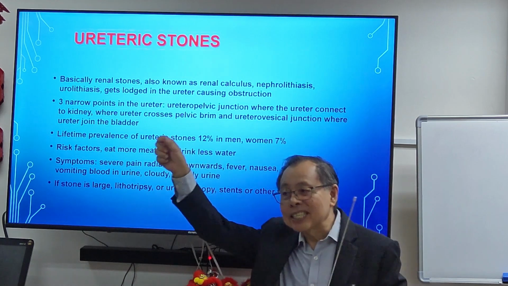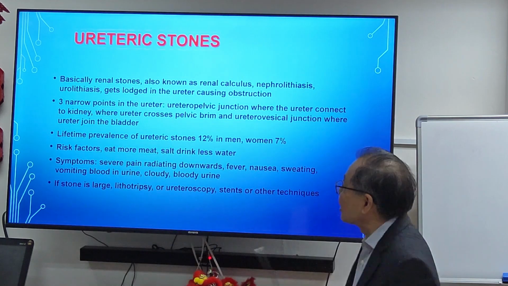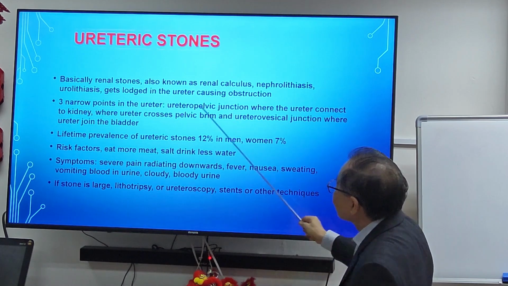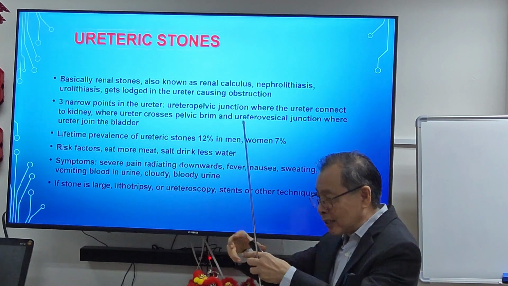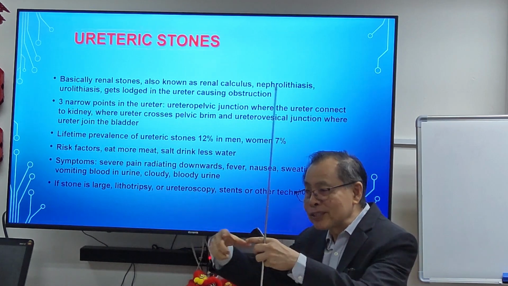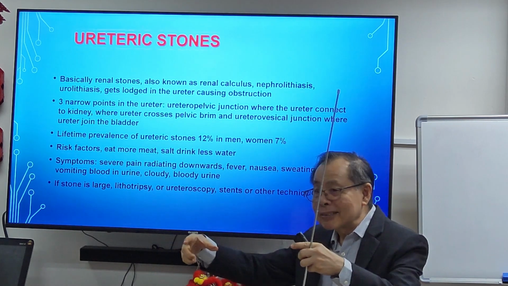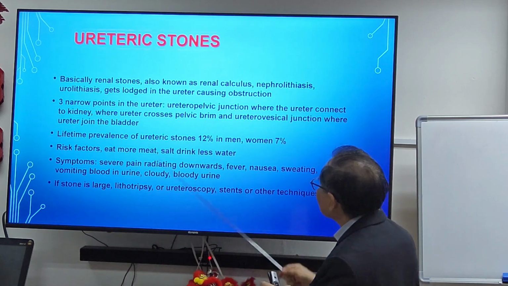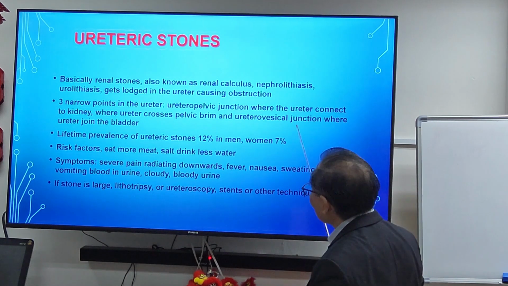But the ureter, which connects your kidney and your bladder, has three narrow points. Near the kidney, then where it crosses, the ureter has to pass through to the pelvis. The pelvic bone is like a basin, right? When it passes the edge of the basin, that's why it's narrow, and then as it joins the bladder.